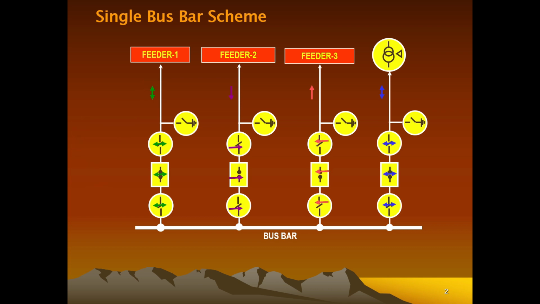Then moving on to the next feeder, it is shown that power is being imported to our bus, and this might be the condition if this feeder is connected to a generating substation. So in case your feeder is connected to a generating substation or a generator, then your bus will always import the power. And then the third feeder, in this case, the arrow is shown in the export direction.